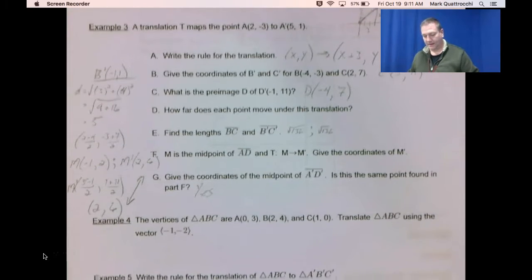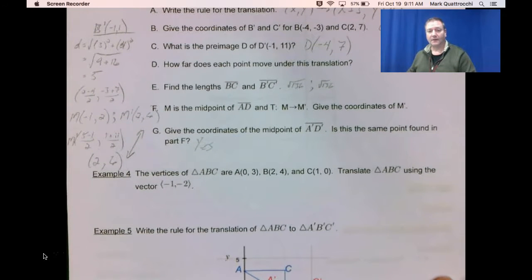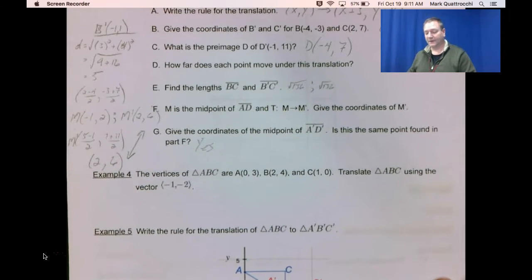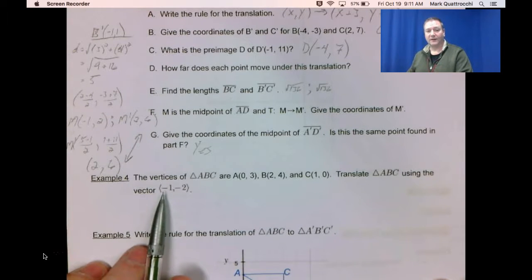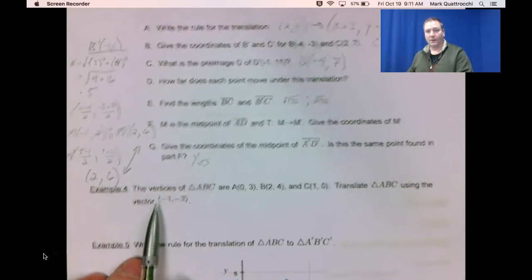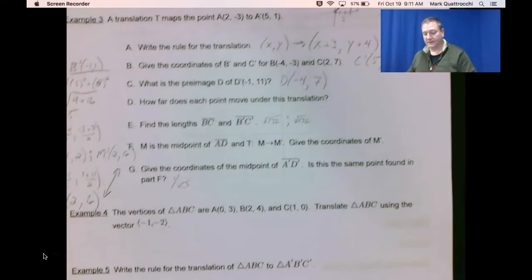Okay? Example 4. The vertices of triangle ABC are given. Translate triangle ABC using the vector -1, -2. Now, I could plot these and then move each point left 1, down 2, or we can apply a rule like we did up here in example 3.